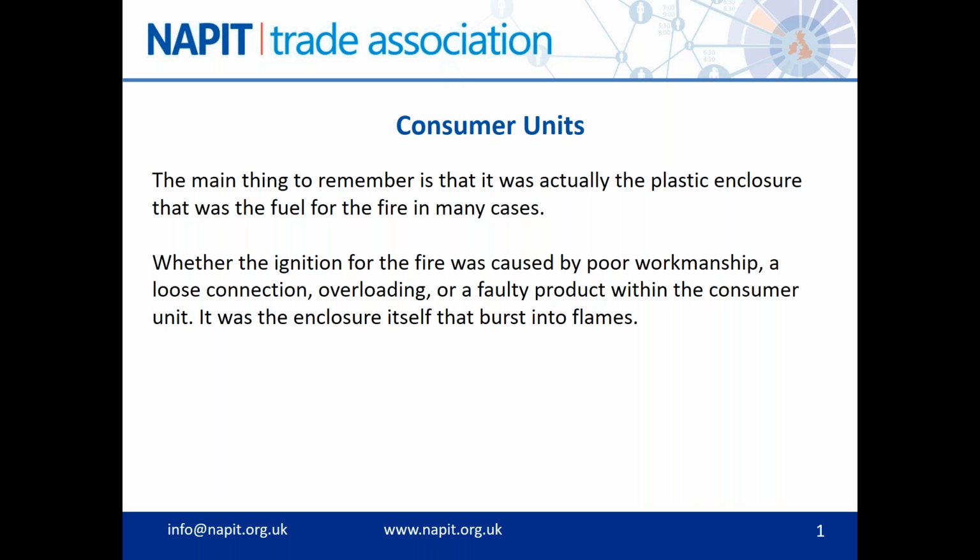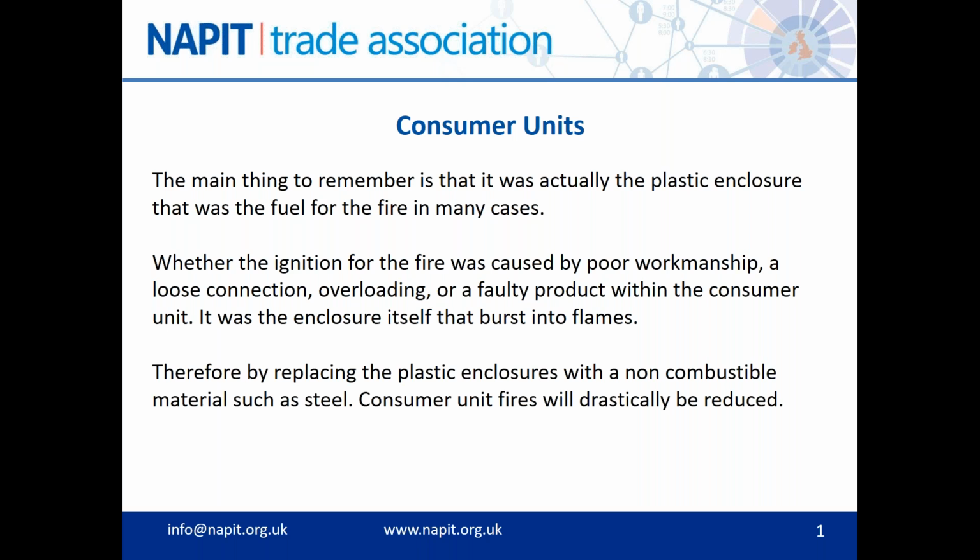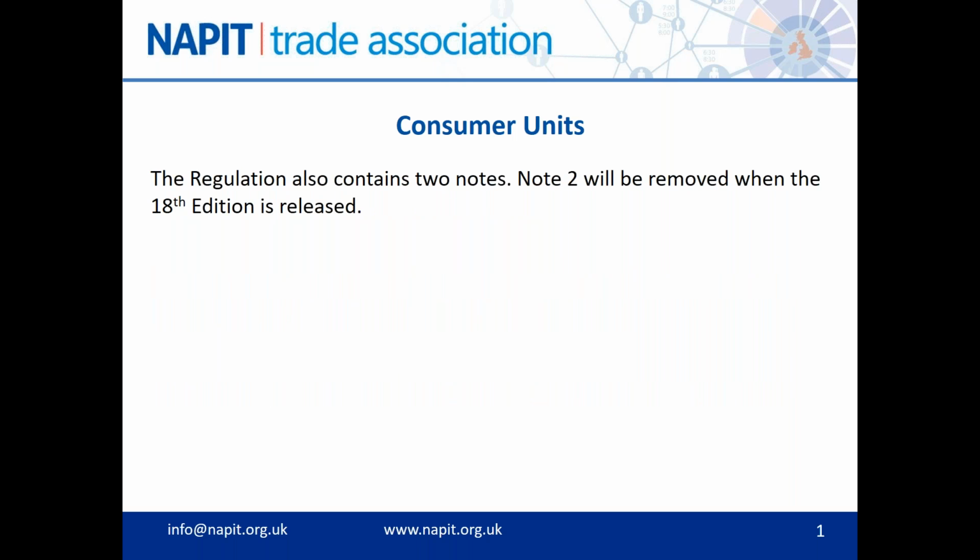So what they said was to get rid of the plastic boxes and contain everything in a steel case. We've taken away that source of the fire, and by doing that, it drastically removed any effects, if you like.